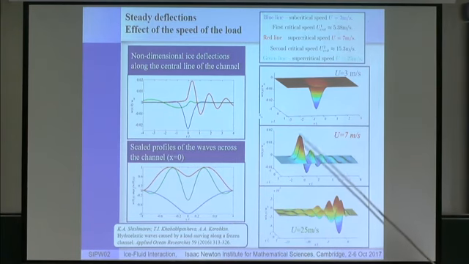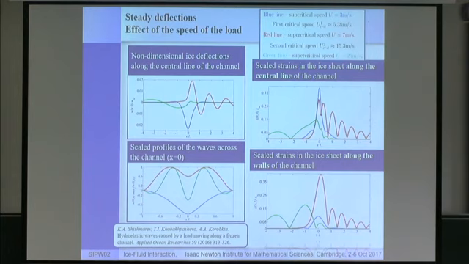And also, it is interesting that in this case the deflection of the ice goes before, that is up to the moving loads, and for the last case, it is also a huge deflection after the loads.